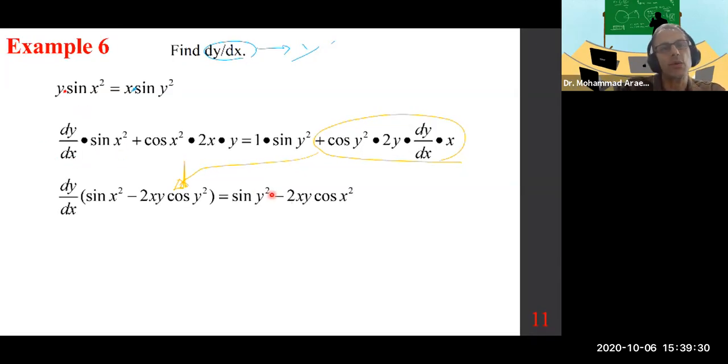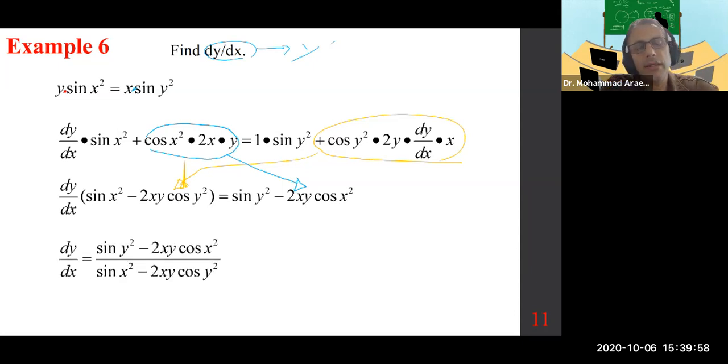My apologies, this one becomes negative. So let's do this. Minus, and you put the 2xy in front. Divide both sides by the parentheses and you're done.